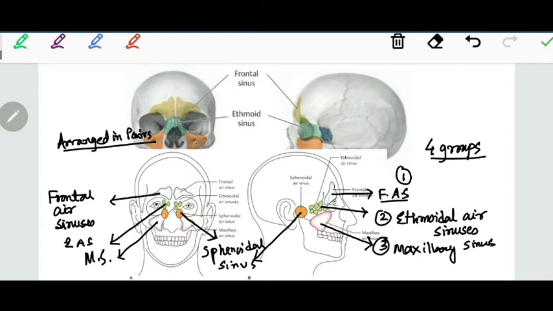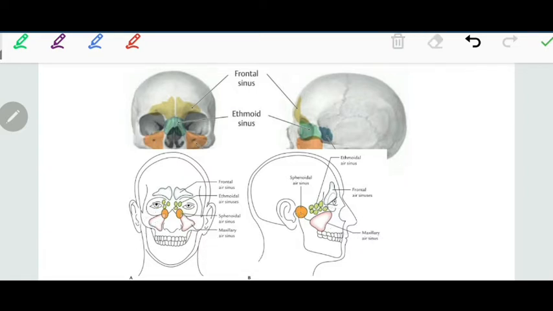Maxillary sinuses are one on each side. Sphenoidal sinuses are one on each side. But only the ethmoidal air sinuses are arranged in three groups on each side. So seen from each side, there is one frontal air sinus, one maxillary air sinus, one sphenoidal air sinus.